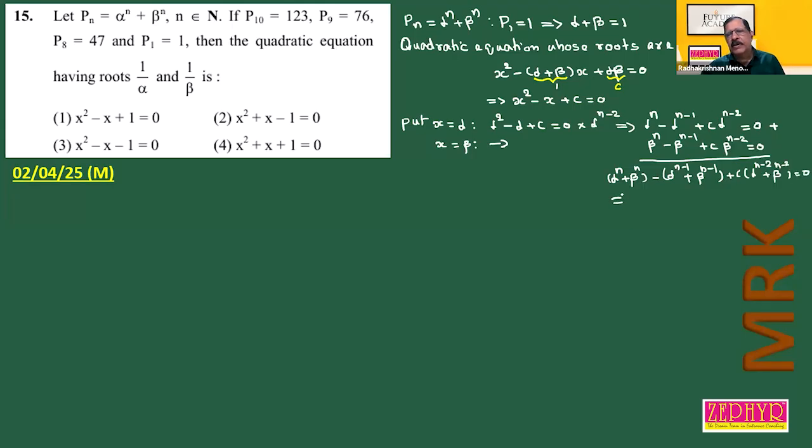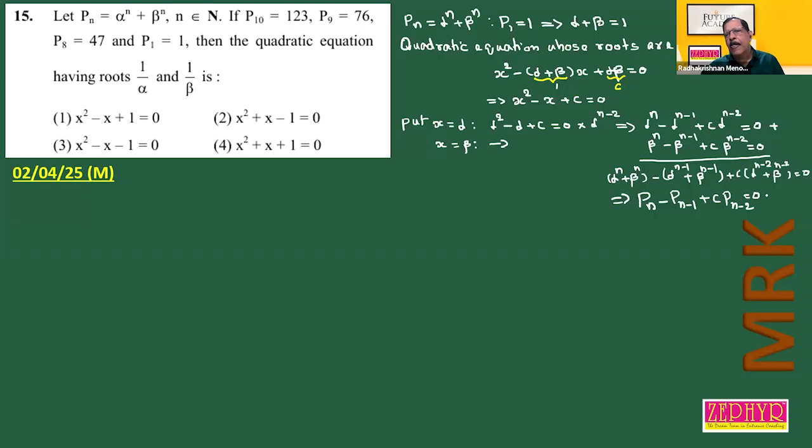Which implies, so we got the equation in P: Pn minus Pn minus 1 plus C into Pn minus 2 equal to 0.